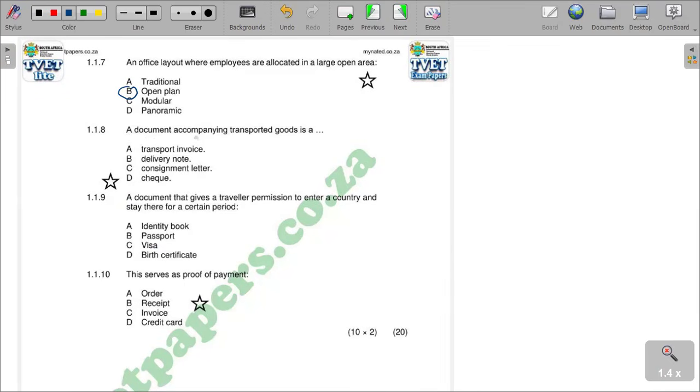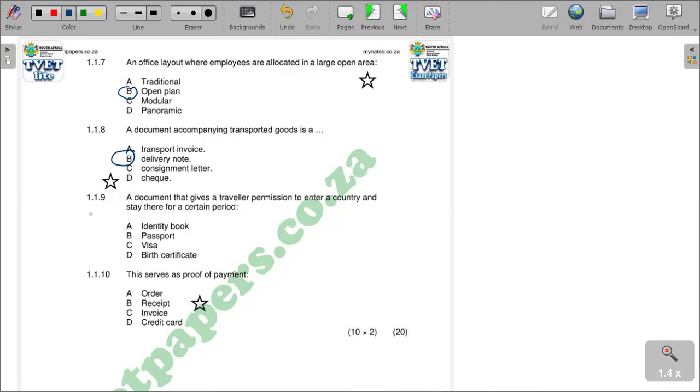A document accompanying transported goods is what you call a delivery note. A delivery note, B.